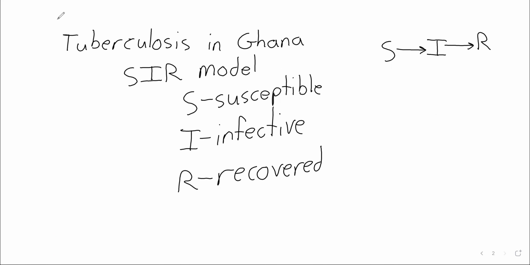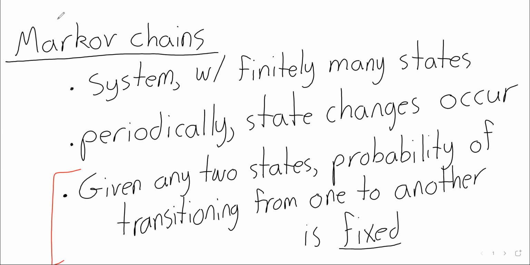We've got an S state, an I state, an R state. That periodically state changes occur. I mean, I wouldn't necessarily use the word periodically, but you could check somebody's health every day at midnight. And every day at midnight, they're in whatever category they're in. So you can think of this as occurring periodically.